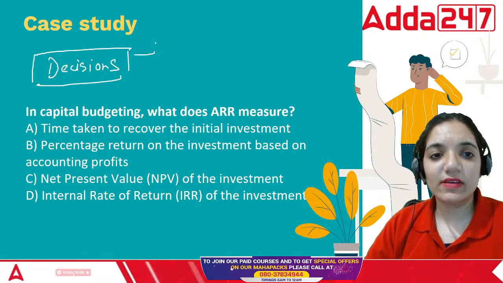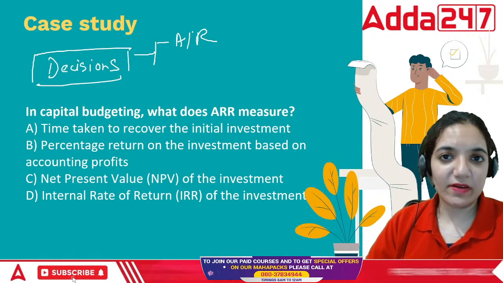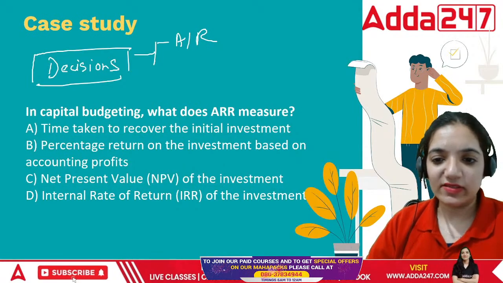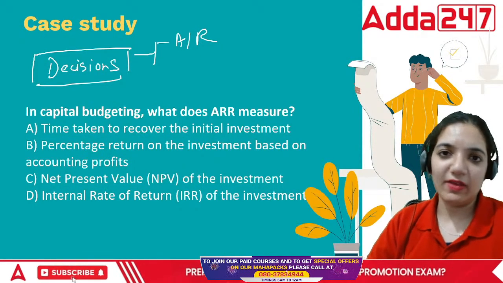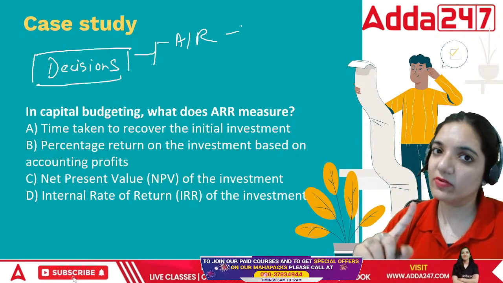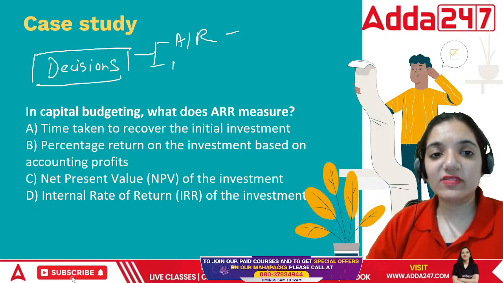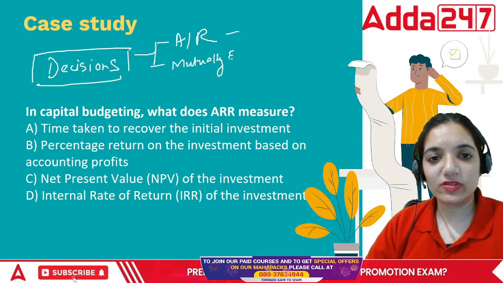One is accept or reject. I put one particular equipment in front of you and I said, sir, this is for 10 crores. You said, no, I don't want to buy, or I would like to buy. Accept or reject decision is like you have one particular thing and you decide. Second is mutually exclusive decision.